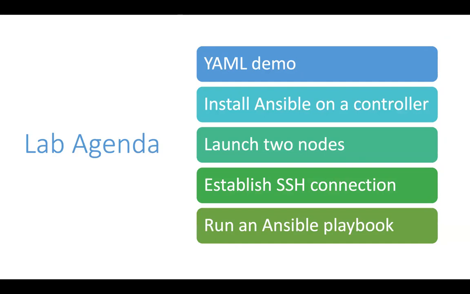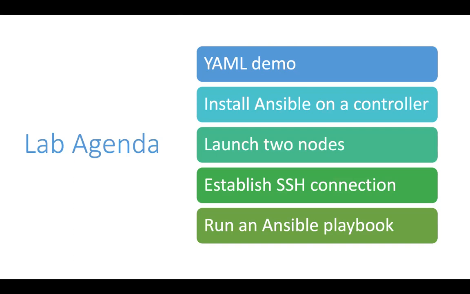So, today's lab agenda: we're going to see YAML briefly, and then we're going to install Ansible on a controller. The way I want to set up this lab is we're going to have 3 EC2 instances. One will be the controller, and the 2 others will be the nodes, like the servants. We're going to establish an SSH connection.